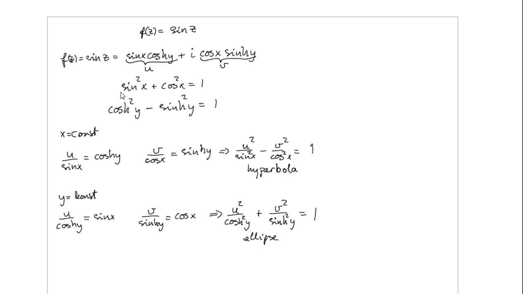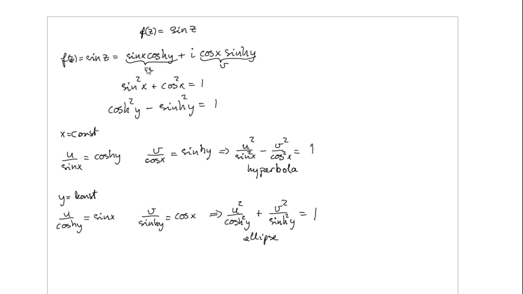Because now, let x be a constant. What's happening then? If x is a constant, then in this function u we have a constant sine x multiplied with the hyperbolic cosine of y.